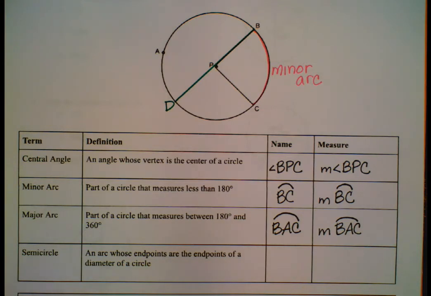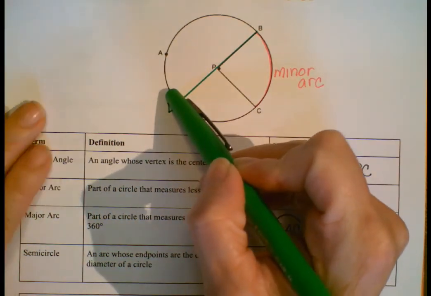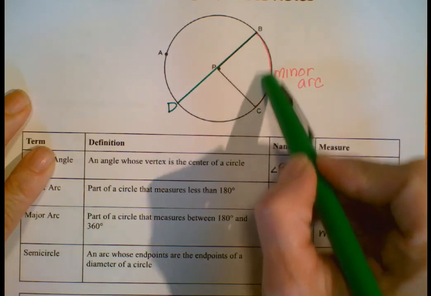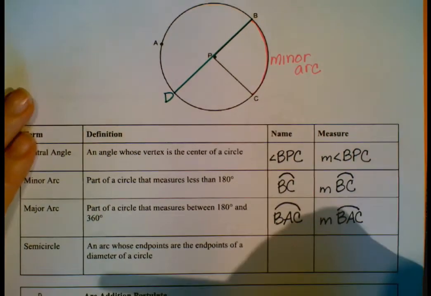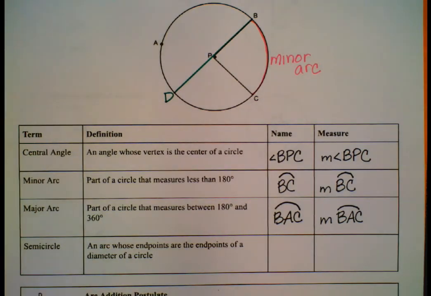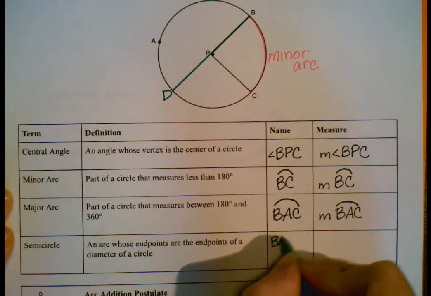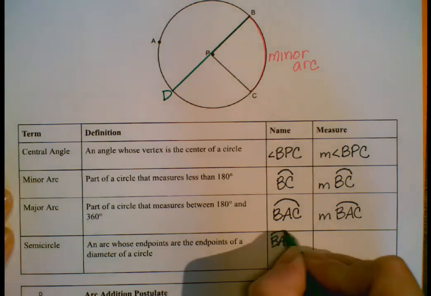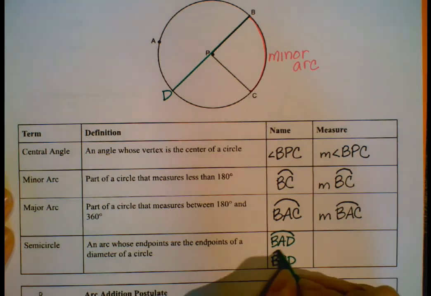There are two semicircles formed. We have the semicircle from B to A to D, and we have the semicircle from B to C to D. Either of those would be fine. It doesn't matter which one you use. So in this case, one possible way to name that would be from B to A to D, the arc above it, or we could do BCD with the arc above it.